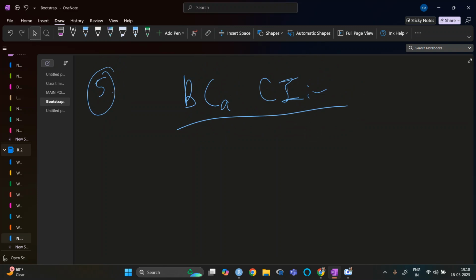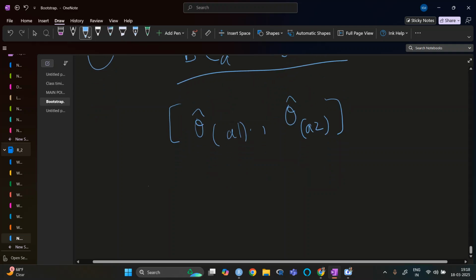We take it in a different way, and it depends on this accelerated parameter. So it can be given by theta cap a1, comma, theta cap a2, where a1 and a2 are these bias correctors.